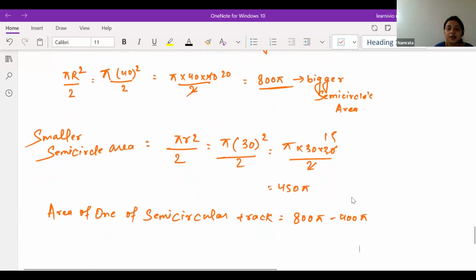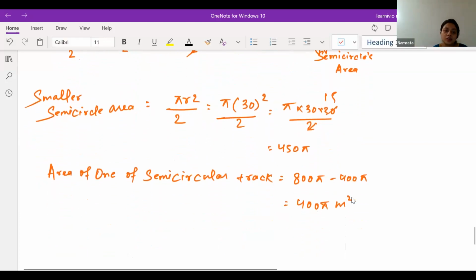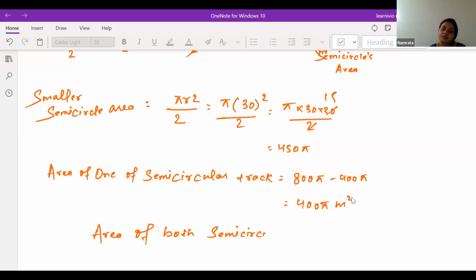Is it clear so far? So we will have 400 pi as area in meter square for one semicircular track. But we have exactly the same two tracks. So the area of both semicircular tracks will be 2 into 400 pi, that is 800 pi.